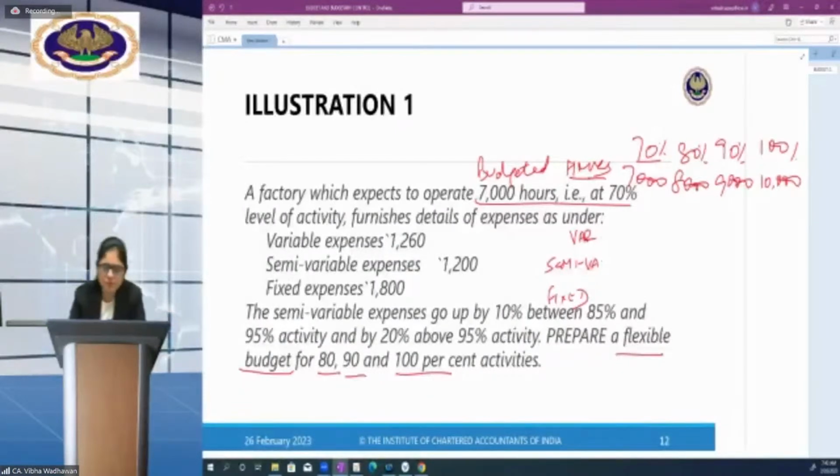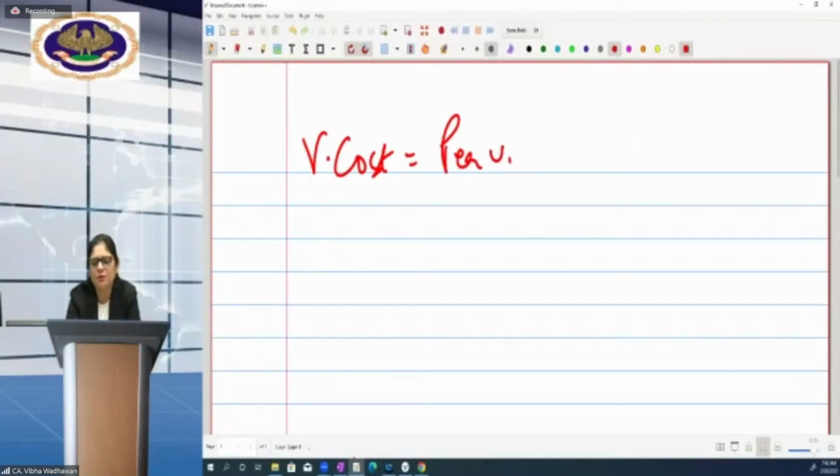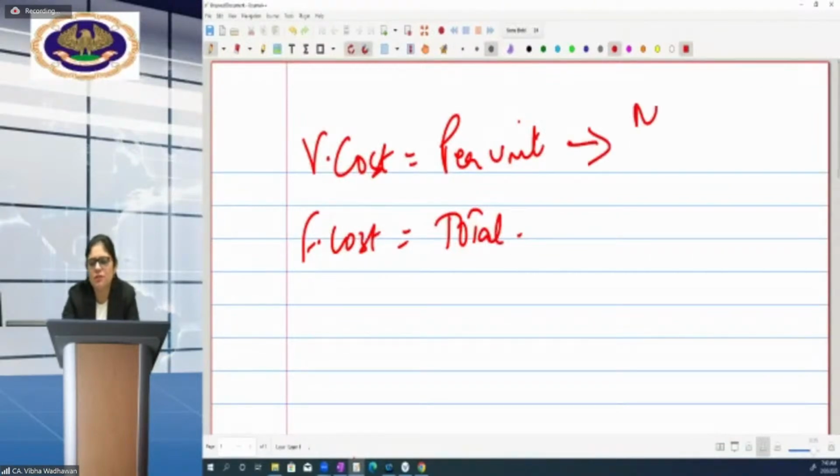What I'm trying to explain is, variable cost is generally denoted per unit. That you need to understand. And fixed cost is generally denoted in total. So variable cost changes, which means numerator divided by denominator: the numerator also changes, and the denominator also changes.